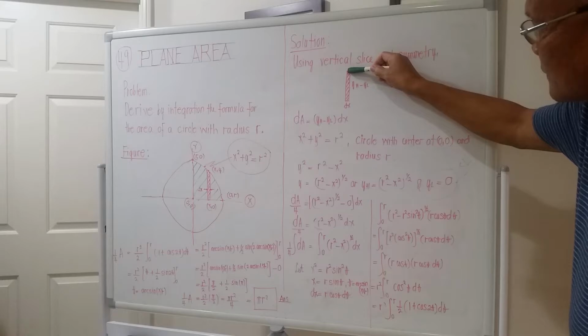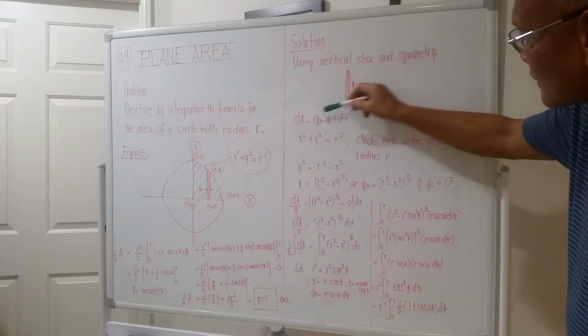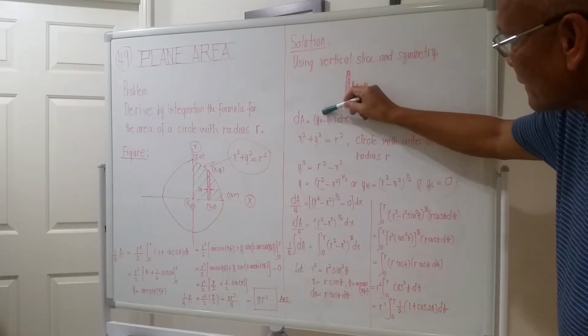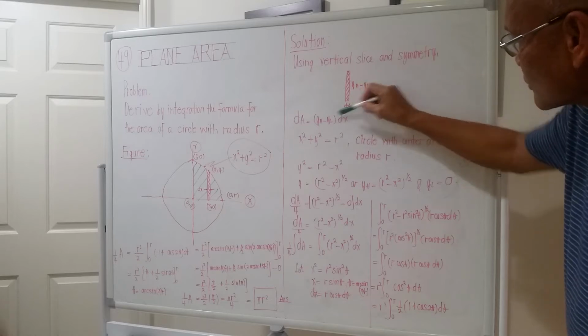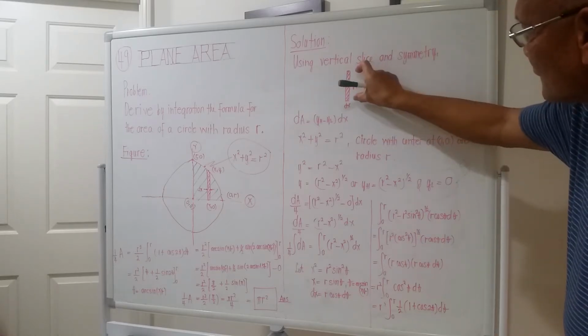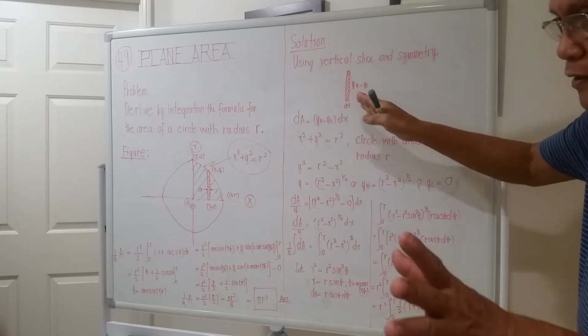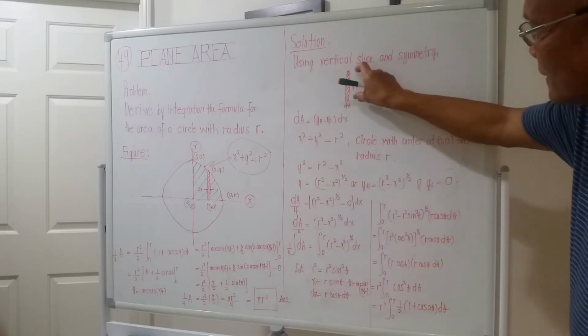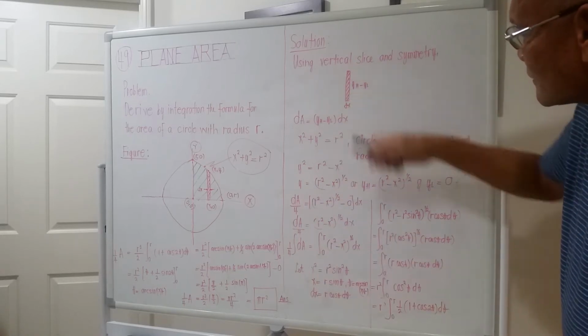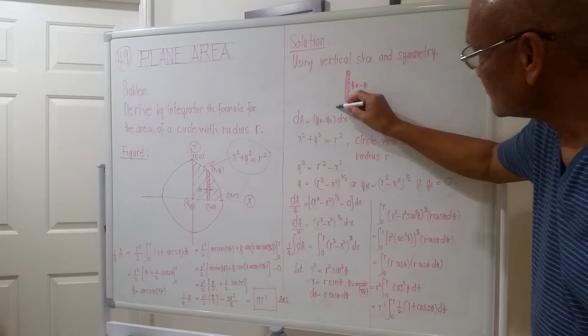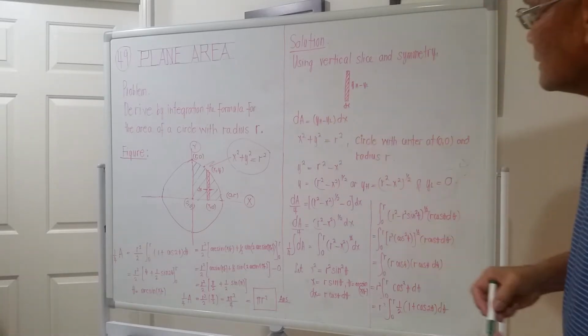The area of the differential strip, the differential area, is equal to the quantity y higher minus y lower times dx. You assume for the meantime it's a rectangle. So y higher minus y lower times dx, that's the area. Okay?